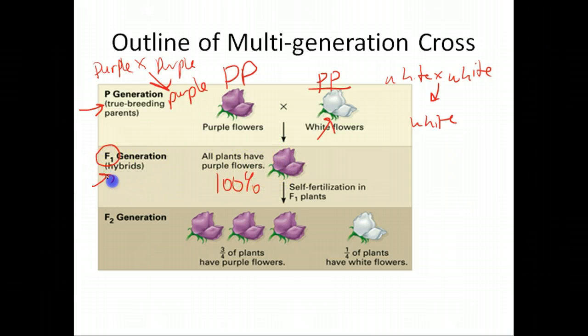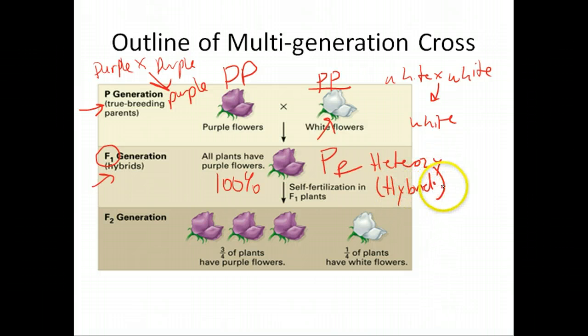Another term for these plants is hybrids because they're hybrids from this plant and this plant. We'll see in a few minutes that the genotype of these plants was big P, little p, which is heterozygous. And another term for this is hybrid.